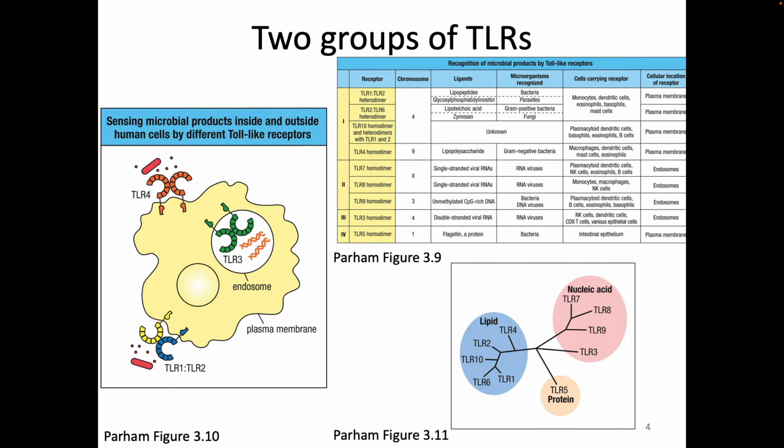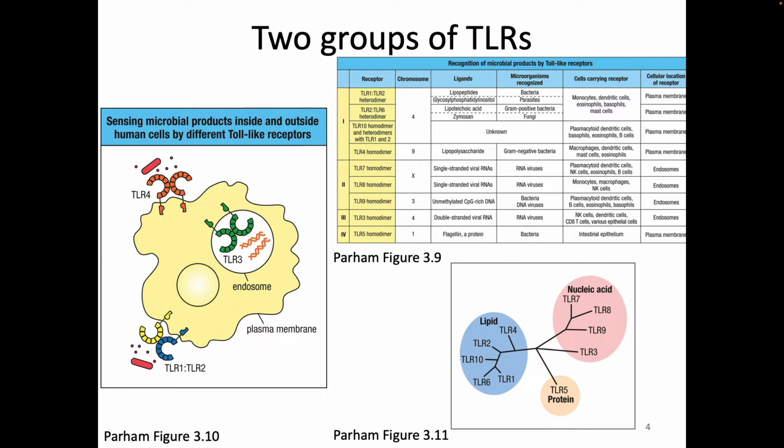One of the ways that we can group those TLRs is we can realize that they live in one of two different locations in the cell. Some of them live on the plasma membrane. Others live inside the endosome. The ones on the plasma membrane can detect microbes that are outside of cells. You can see that as an example here.